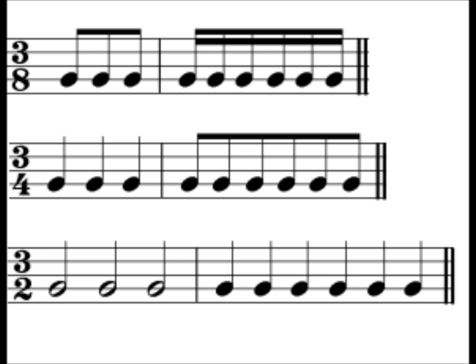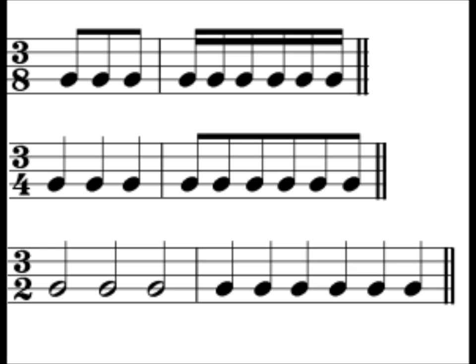Let's have a look now at some examples. Here are 3 time signatures, each with a top number 3. Remember that the top number 3 tells us that there will be 3 main beats per bar and that the main beat will be subdivided into 2 equal smaller notes.